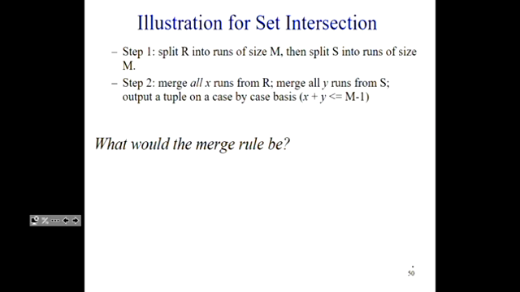Without loss of generality, let's say it's in R and not in S, in one of the sorted runs of R. If it is in R but not in S, then you can evict it. You don't need to worry about that tuple because it's not going to be part of the intersection. If it is in S but not in R, then again you can eliminate it and process the next tuple.